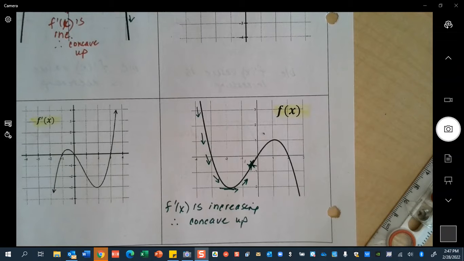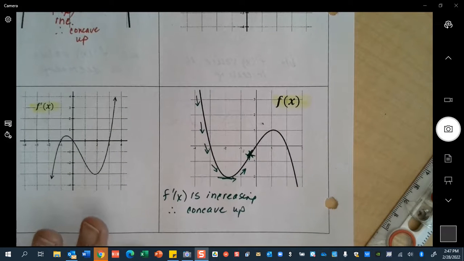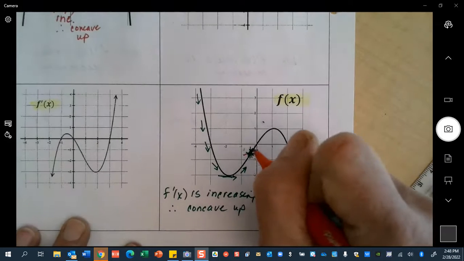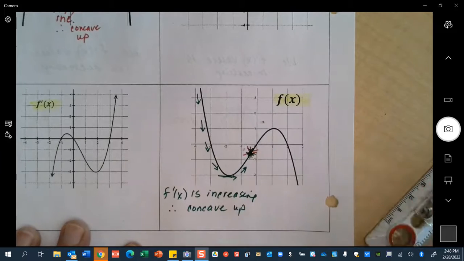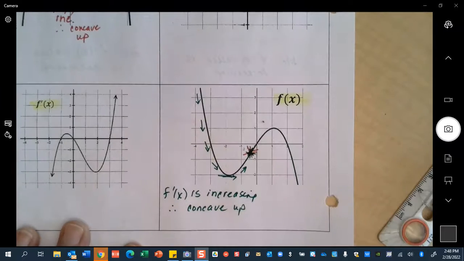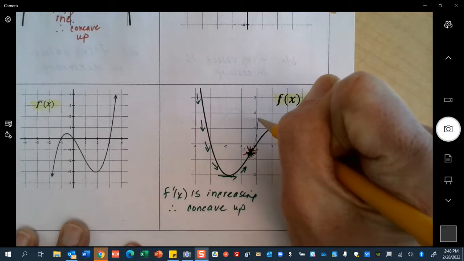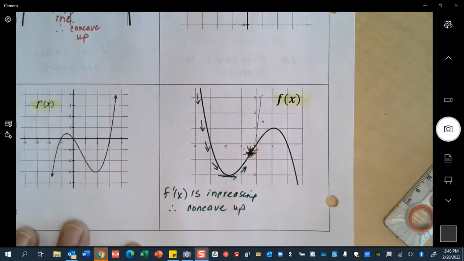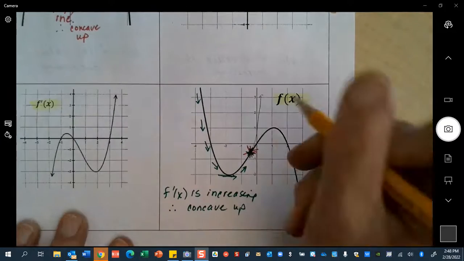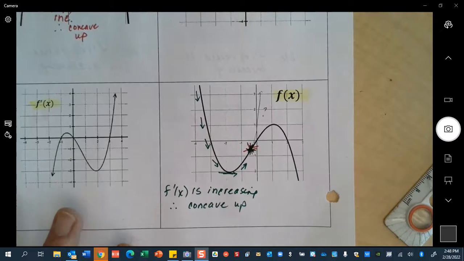Concave up like a cup. Once I reach my start point, because think about it, if it was going to continue increasing, this graph would continue up like this. Does it do that? No, it changes.